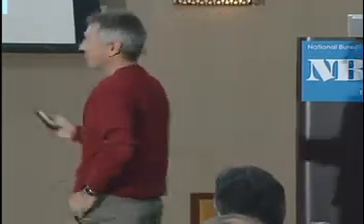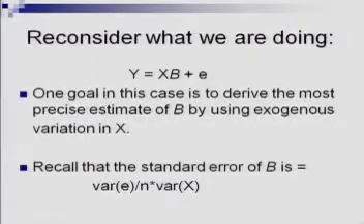And let's back up and consider exactly what we're doing here. We can rest on the regression model, and we can think about one of our goals here is to derive a very precise estimate of beta. So let's consider then, what is the formula for the standard error of beta?